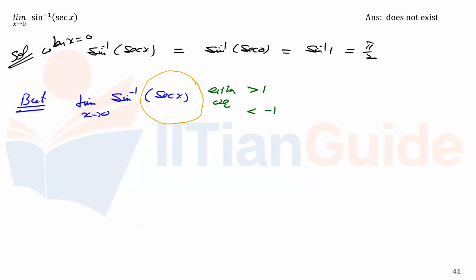So it is not in the domain of the sine inverse. So that means it does not exist, or we cannot calculate its value. Either x is greater than 0 or it is less than 0. In both the cases, we cannot calculate sine inverse, or limits or the value does not exist. Clear?